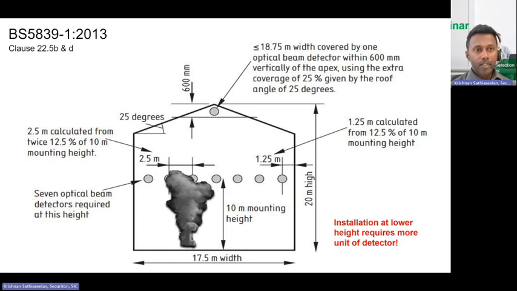You shall have the detection, and if it's more than 20 meters, then you should also have an optical beam at the top apex for extra coverage, for a roof angle of 25 degrees. And this is how we look into installation on buildings which are higher than 10 meters.